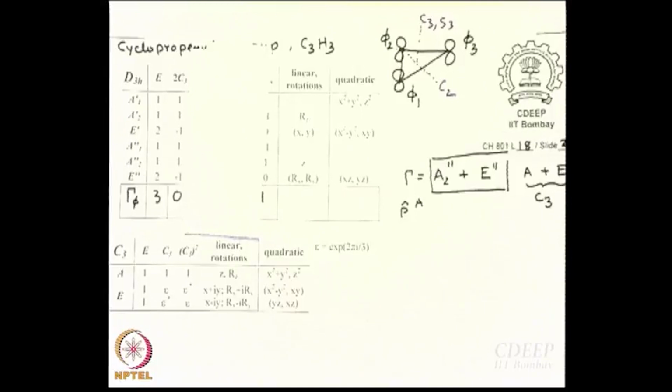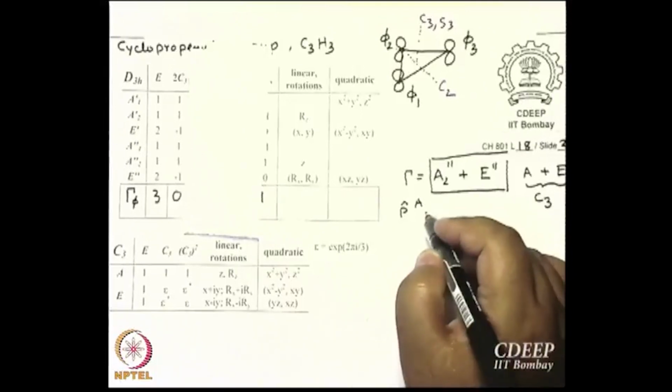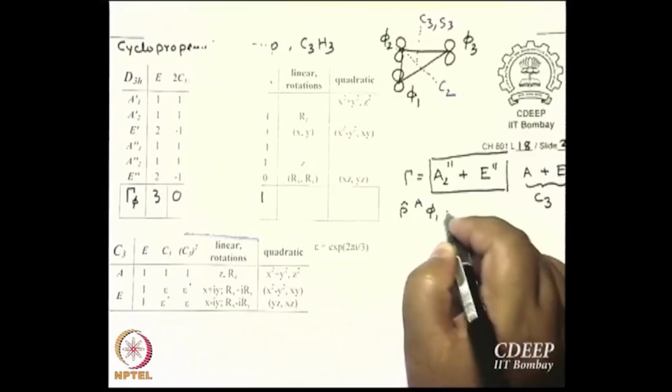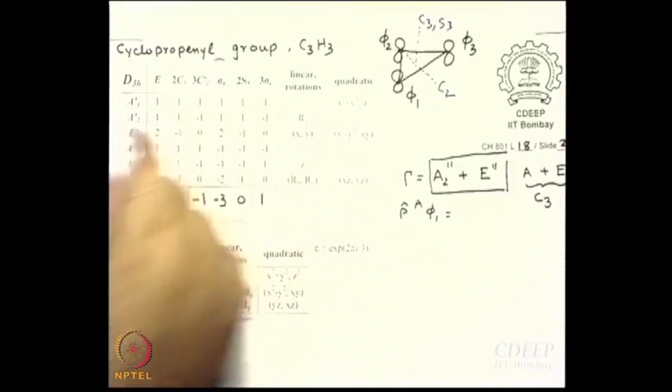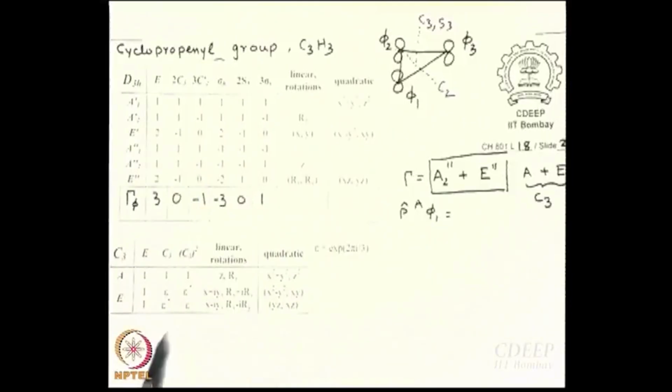Okay. So, now see, let us use the projection operator A on phi 1. What do you get? Character tables are there in front of you. Now, you should be able to work out, and also we are working with only this small character table. E operating on phi 1 is phi 1, that multiplied by 1 is how much?